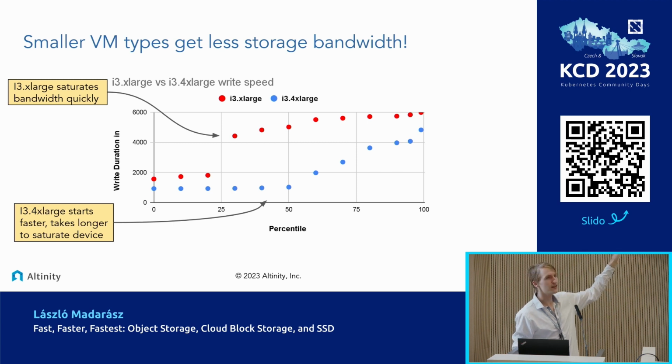Around 0 we see the fastest write speeds, and around 100 the slowest write speeds for both virtual machines. The one in blue is a 4 times stronger machine than the one marked with red.